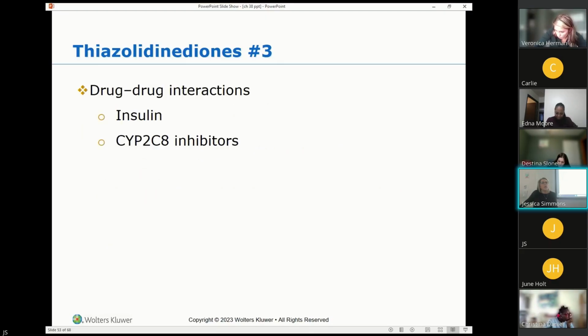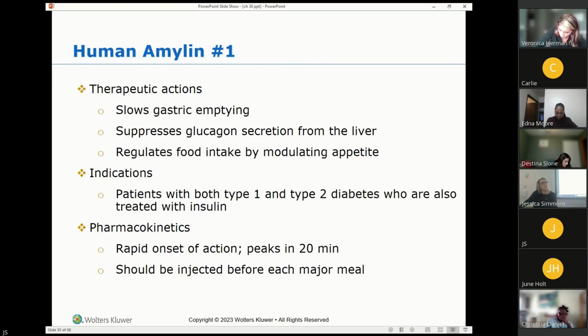They interact with insulin, and I don't know what CYP2C8 inhibitors are. This I want you to pay attention to.